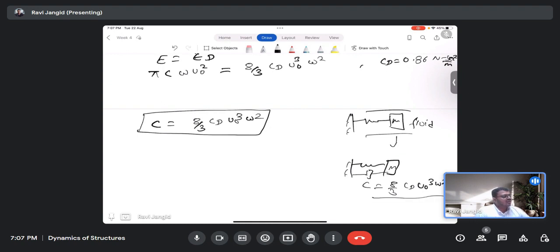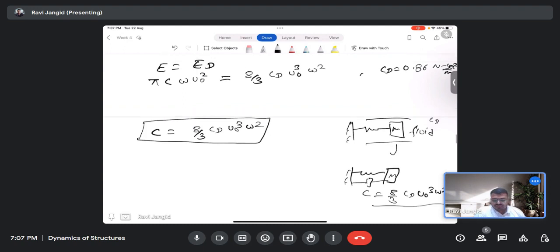Do you understand? Okay. So now put the cd value. cd is given to you. So what is my damping ratio? Xi is equal to C by Cr.